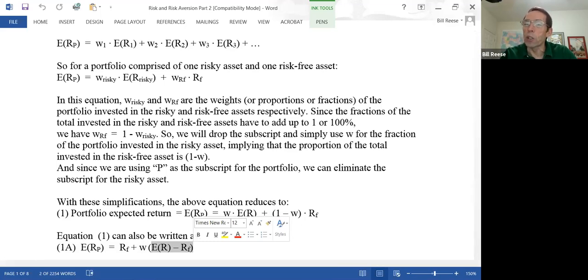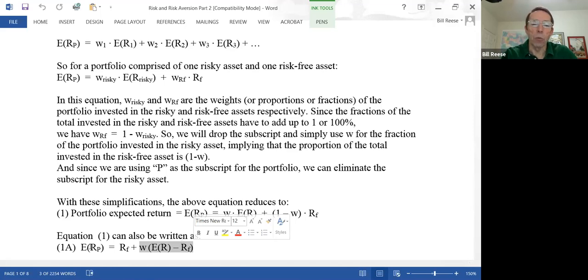That's the extra return that the risky asset gets above the risk-free rate. That's the risk premium on the risky asset. Multiply that by the weight on the risky asset. That's the risk premium for the portfolio, where the portfolio is one risky asset and the risk-free asset.